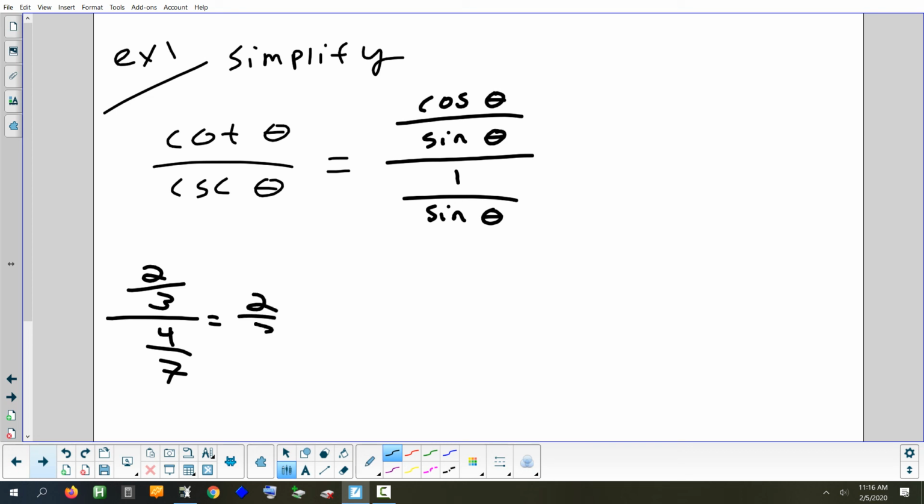Take the top, keep it the same, multiply by the reciprocal of the bottom. We're going to do exactly the same here. Keep the top the same. What's the reciprocal of what's in the bottom?